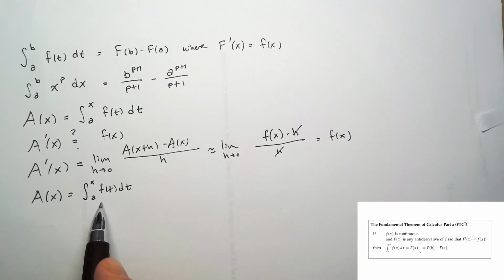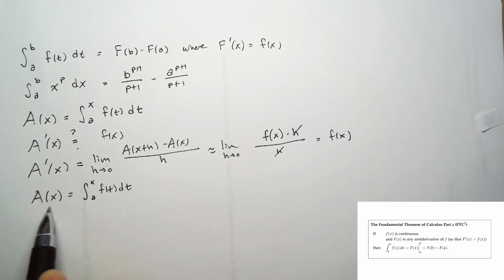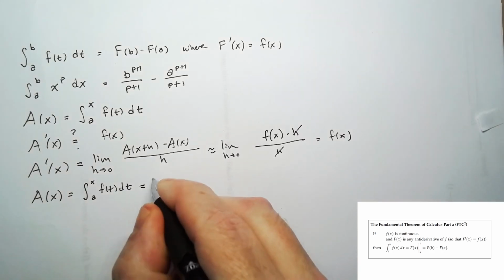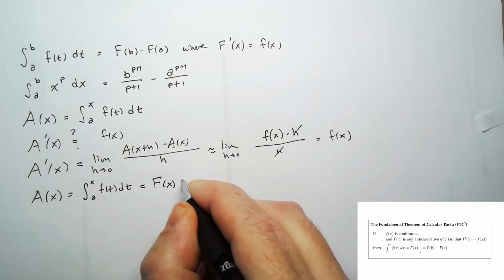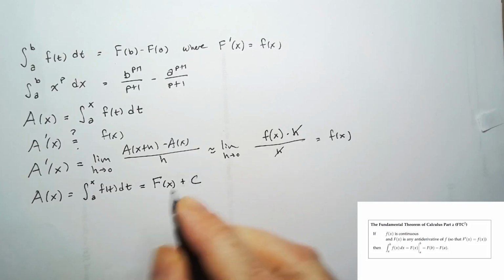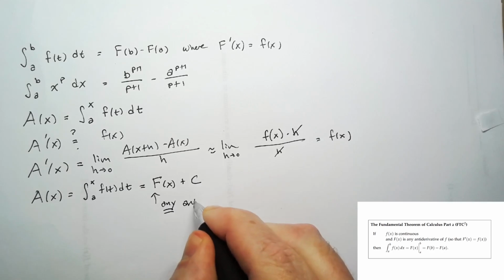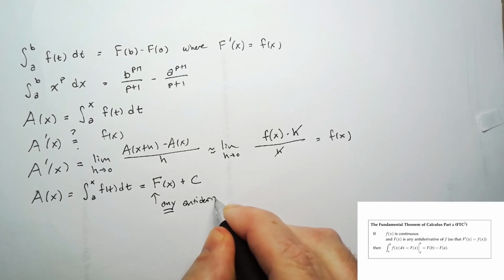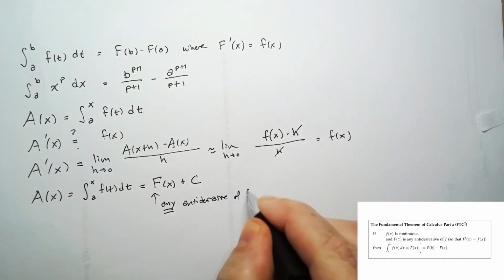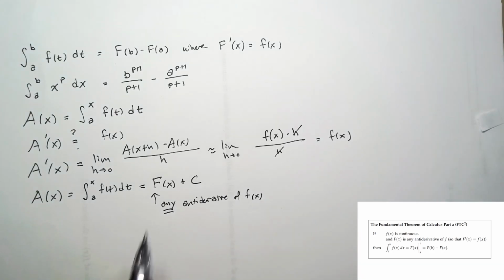But by a corollary to the mean value theorem, we know that this particular antiderivative of little f must differ from any other antiderivative of little f by a constant. So if big F is any antiderivative of little f, this statement must be true.